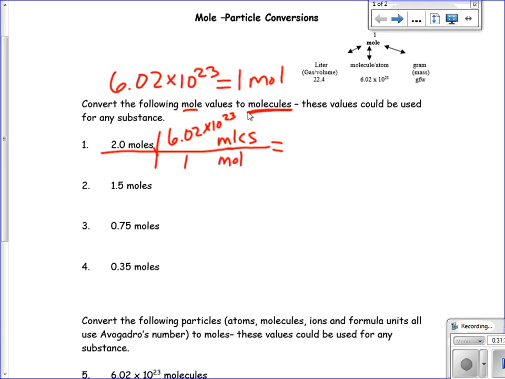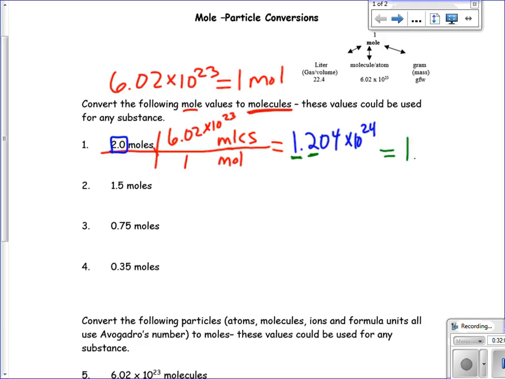Okay, so now what you're going to do is multiply and divide by 1 here. And your calculator answer is 1.204 times 10 to the 24th. Now, how many digits do we get to keep? 2. We only get to keep 2. So I'm going to keep the 1, going to keep the 2. Do I round up to the 2 or leave it alone? Leave it alone.